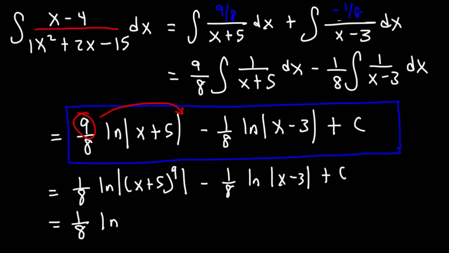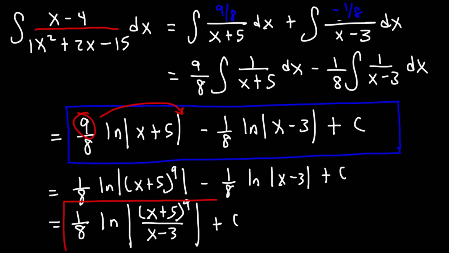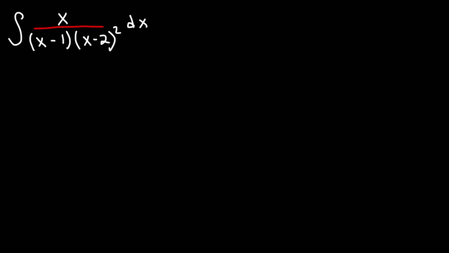So it's going to be 1 over 8 ln, absolute value, x plus 5 raised to the 9th power over x minus 3, and then plus c. So you can write it like this as a single log if you wish. So that's it for this problem.